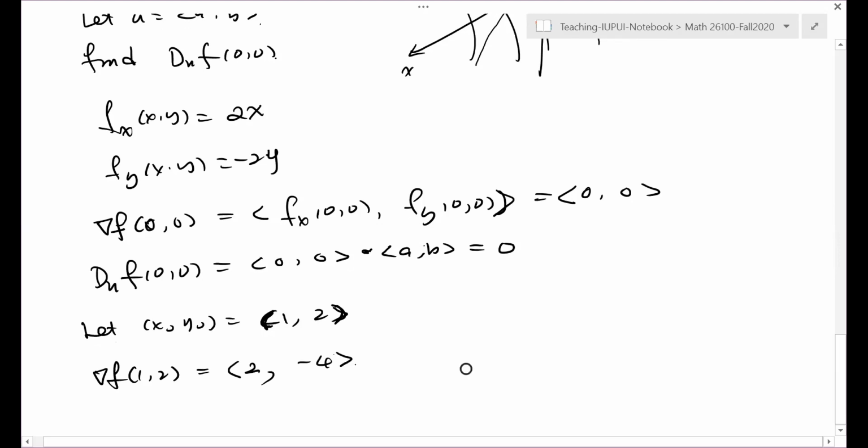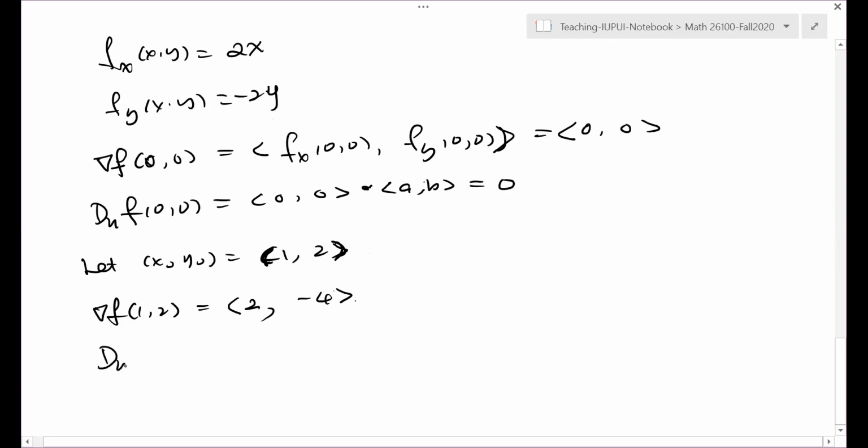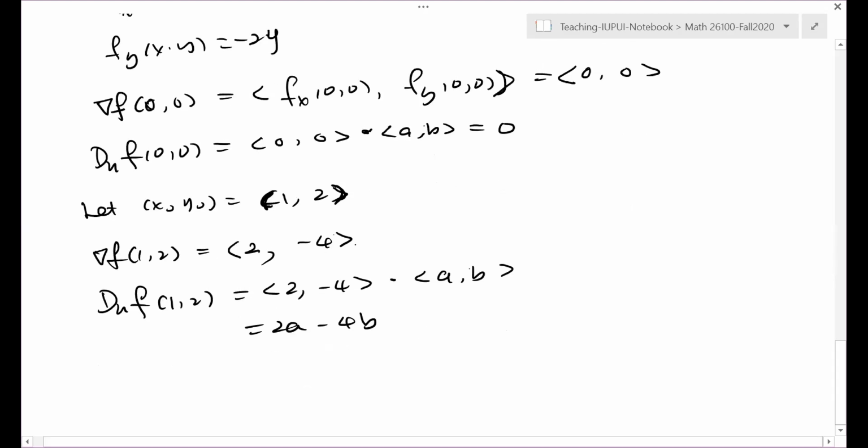Then the directional derivative in that direction is going to be (2, -4) dot (a, b). So it's 2a minus 4b. This depends on a and b linearly. And you will see that this linear function is not always positive, sometimes negative, sometimes positive, sometimes 0.